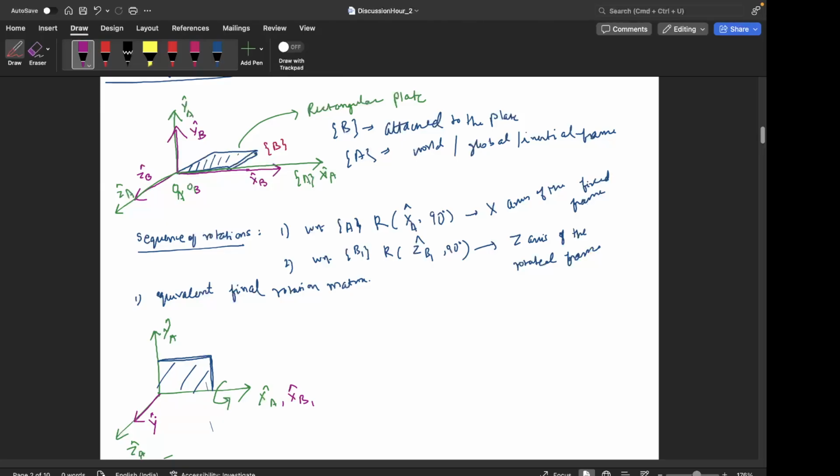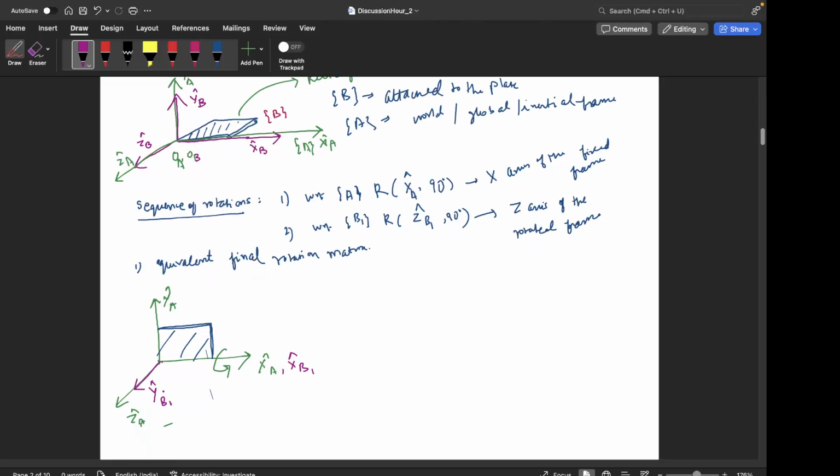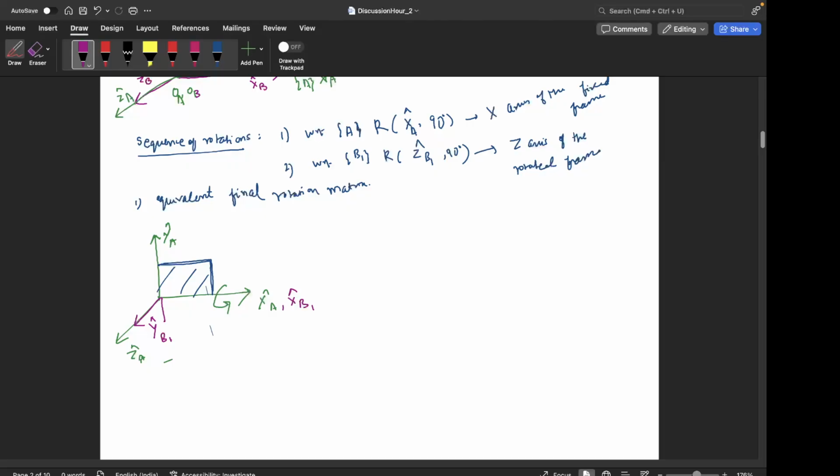This is yb1, and the z-axis goes further down here, right? And here this x-axis is overlapping, right? So x cross y is z. We verify that also. So this b1, the subscript b1, is the intermediate frame.